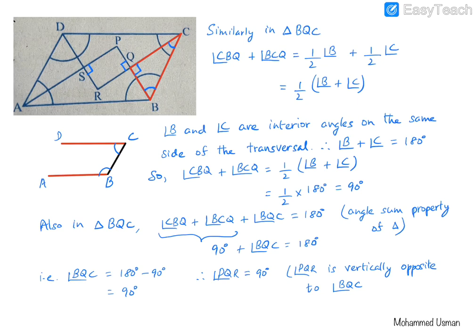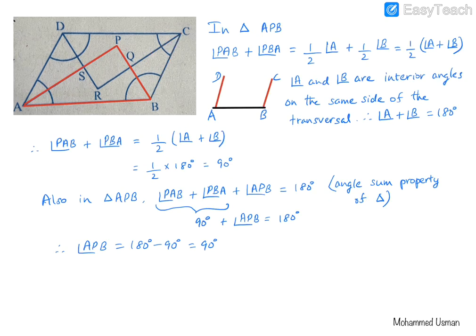Okay, now let's look at the third triangle and obtain the angle value for angle P. So the third triangle we are going to look at is the triangle APB, which I have highlighted in red again here.